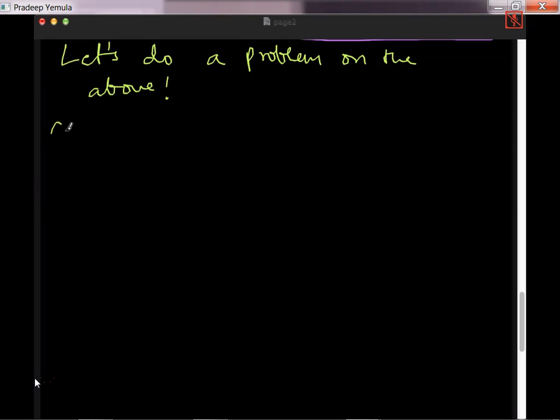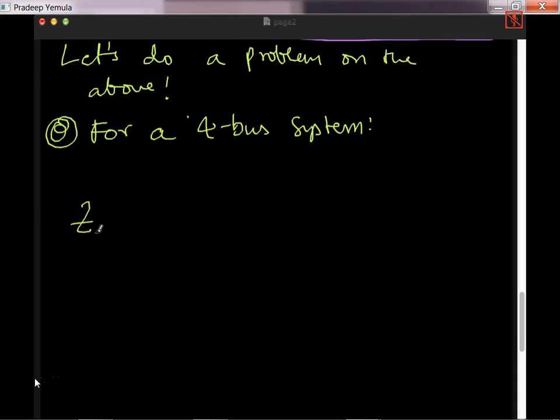For a 4-bus system, Z bus is equal to, j is outside, so j into 0.24, 0.14, 0.2, 0.2. It will be symmetrical, so I'll just write like this.